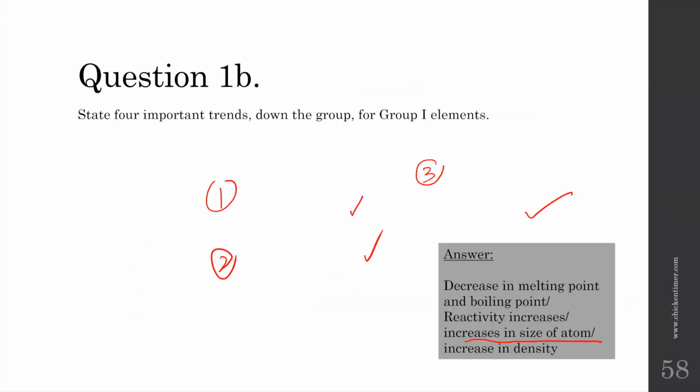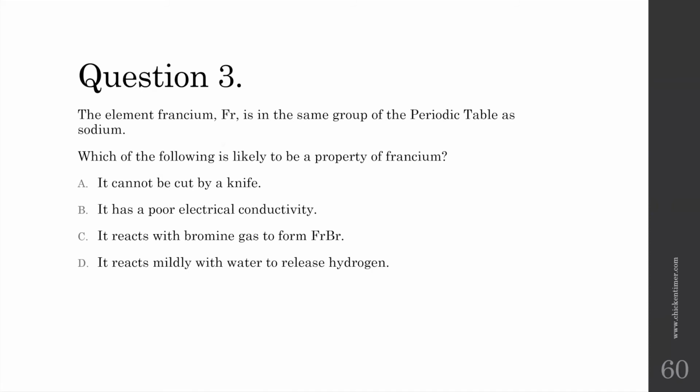So then back to this. The answer comes from those physical and chemical properties. So francium, if you check the periodic table, or at least they tell you on the first line, francium is in the same group as sodium. That means it is in group 1. So what is the possible property of francium?